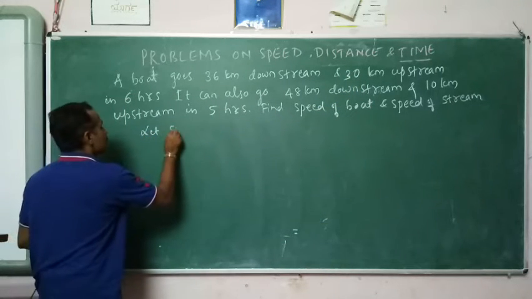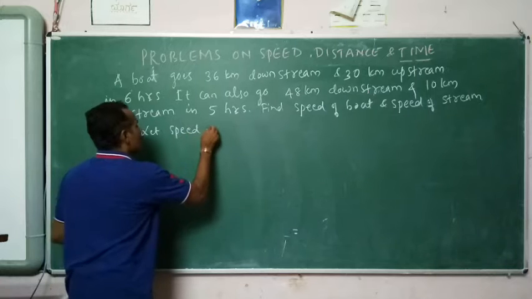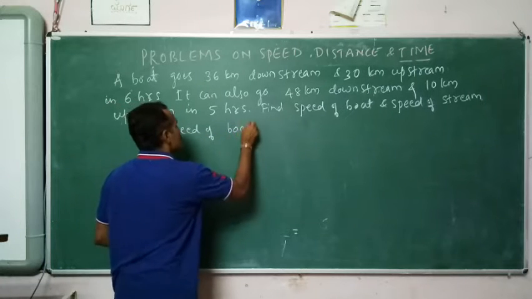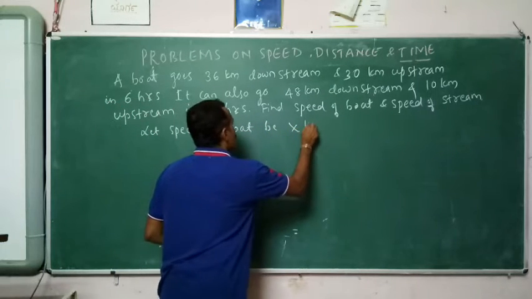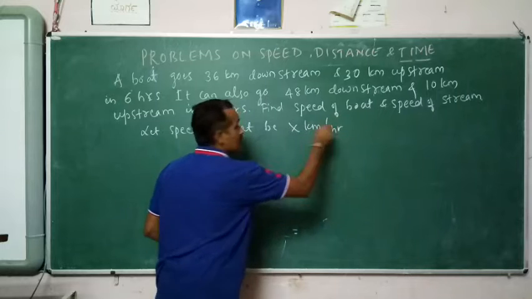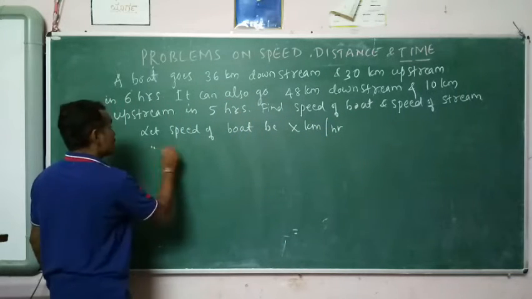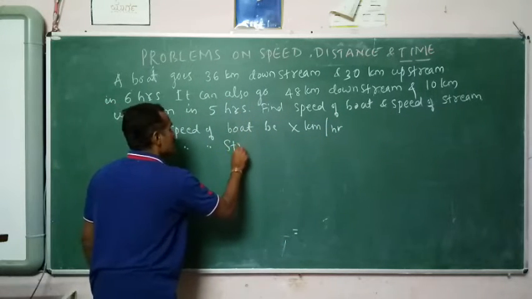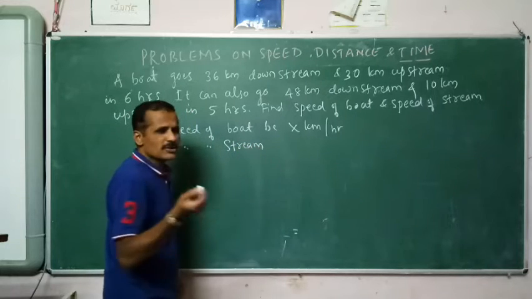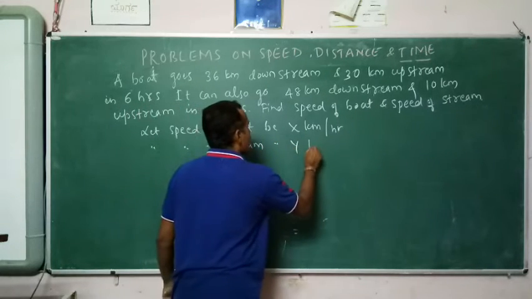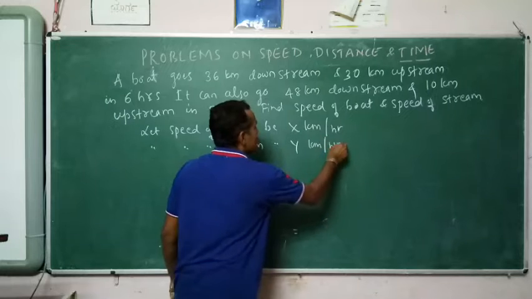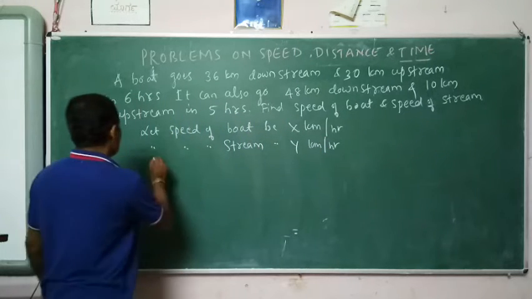Let speed of boat be x kilometer per hour. The first sentence. Let speed of the stream, means speed of the water, be y kilometer per hour. This is the second sentence.